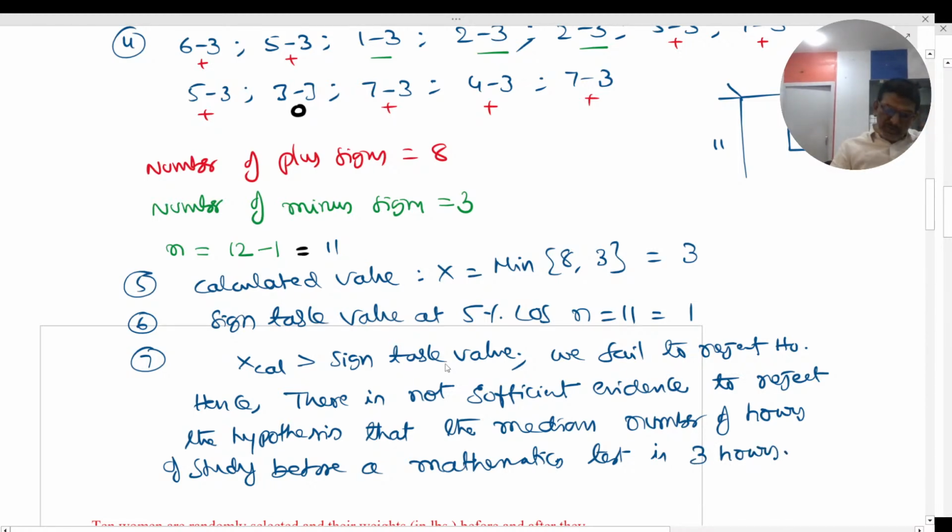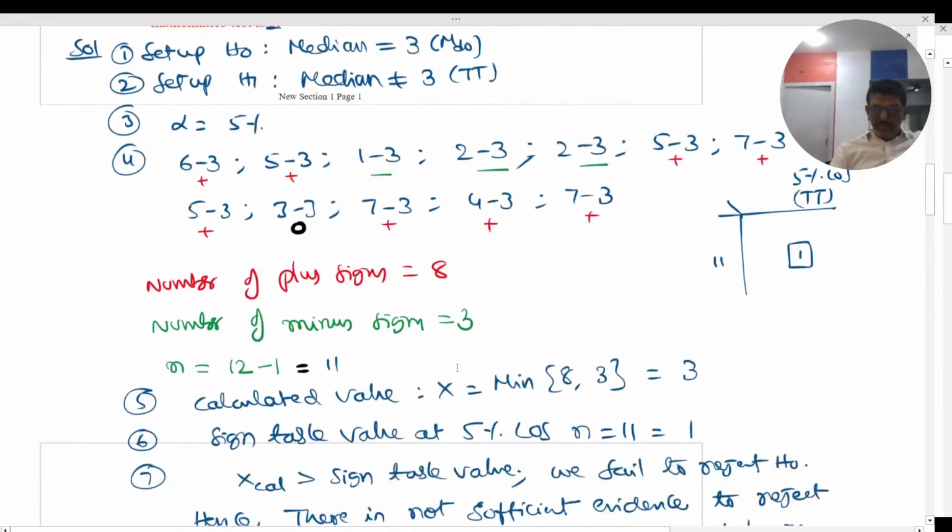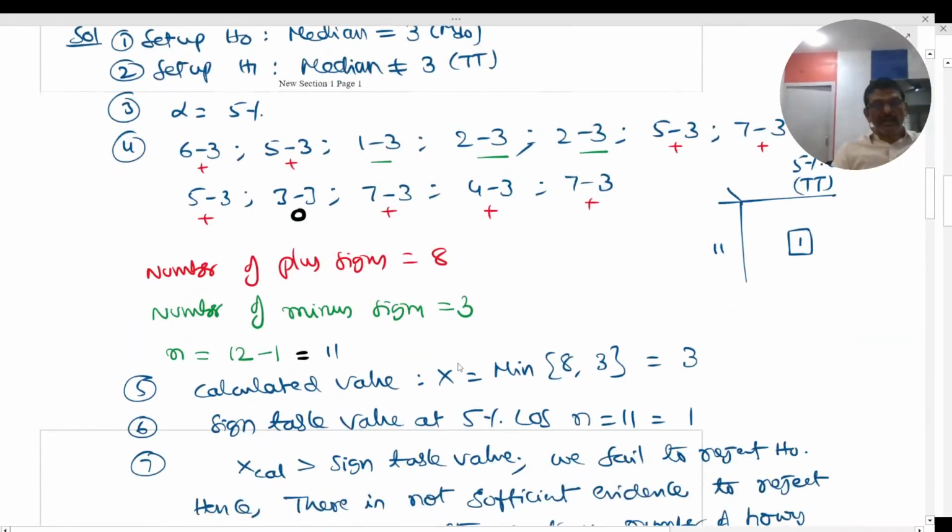This is the final conclusion. So go through this problem solution. Easily we can understand the concept.